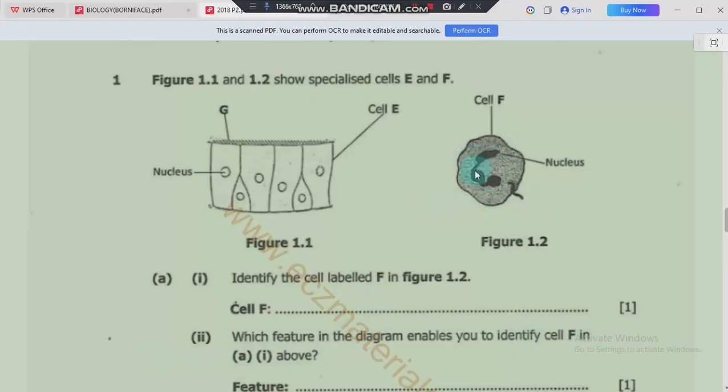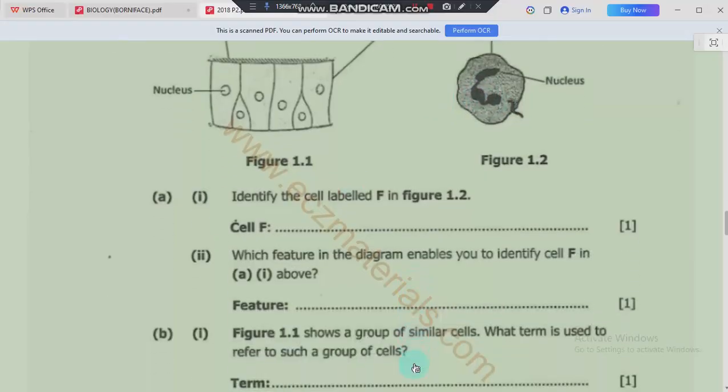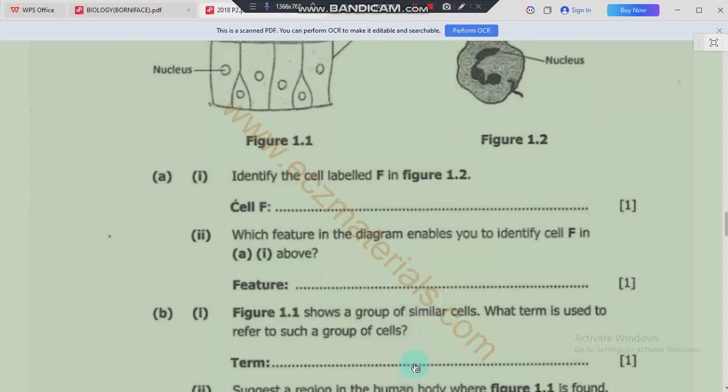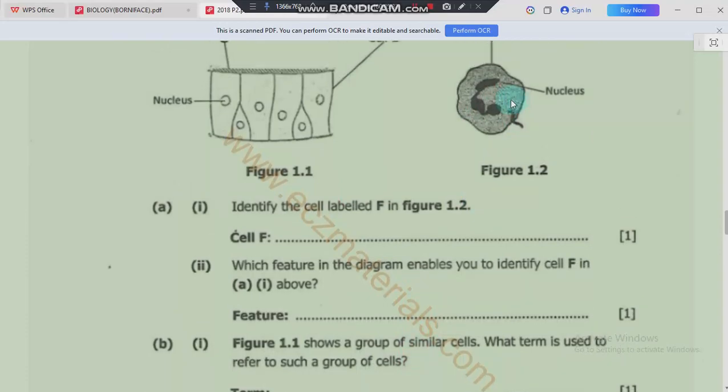We said this lobed nucleus is what phagocyte cells contain. So the presence of our lobed nucleus is the feature which helped me to identify it. Apart from that, we are also able to see this small structure which looks like a germ, so this cell is digesting this germ here. So we know this is our phagocyte cell.